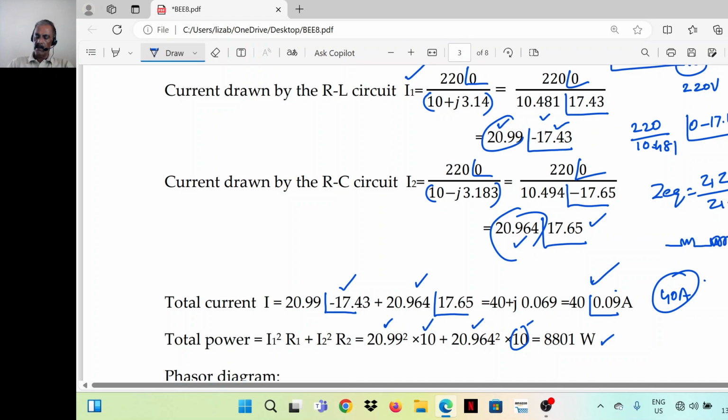X can be capacitive or inductive reactance. So in Z equivalent, V divided by the magnitude of Z equivalent will give you I. I square into whatever R you are getting here will give you the total power consumed by the circuit. That way also we can find it out.